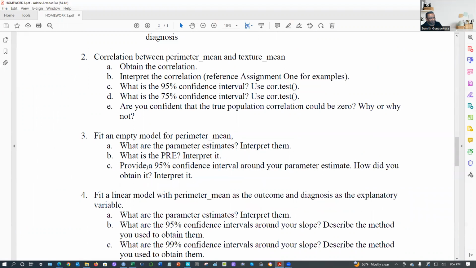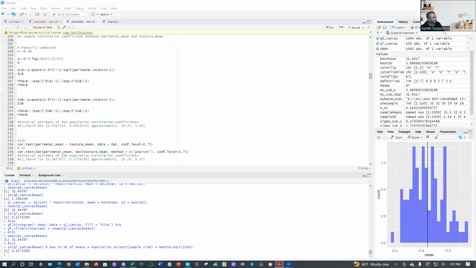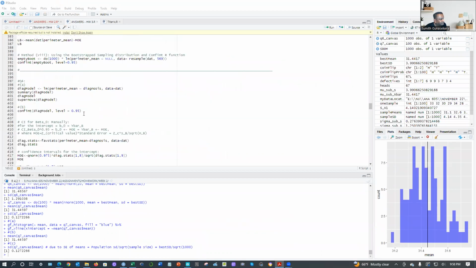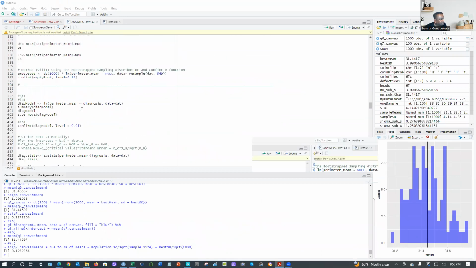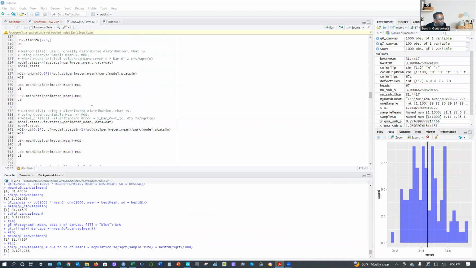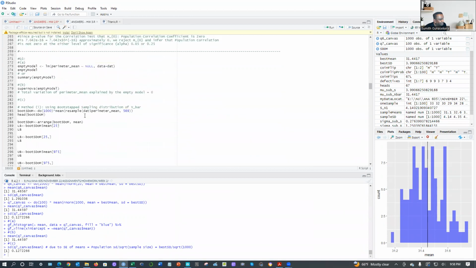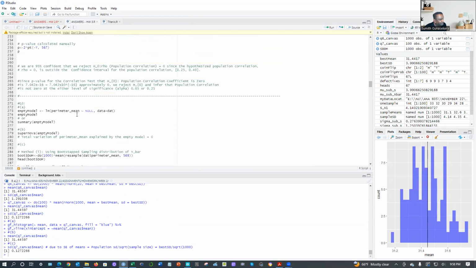Around your parameter estimate, you're going to provide the confidence interval for whom? Let's see. Number 3. The one I tackle. I tackle this one in a different way.